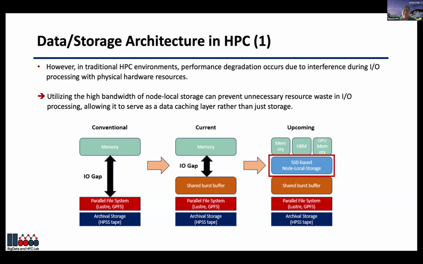So people made this kind of shared buffer, or in recent days, they buy NVMe-based or NVDIMM-based, very expensive but very fast devices for each node to cater data to the computational device.